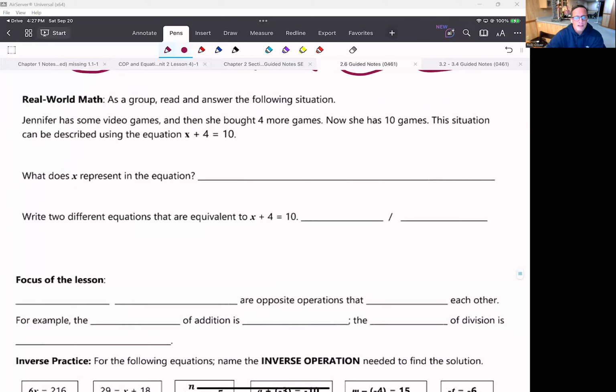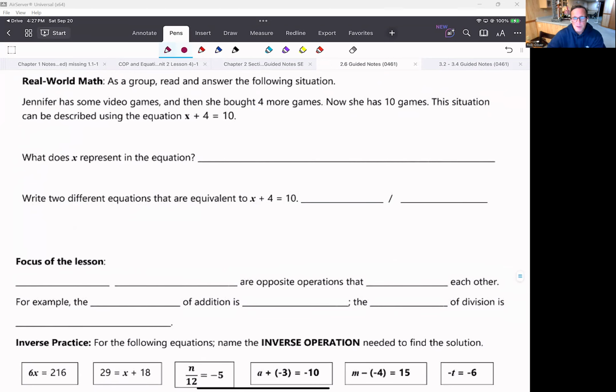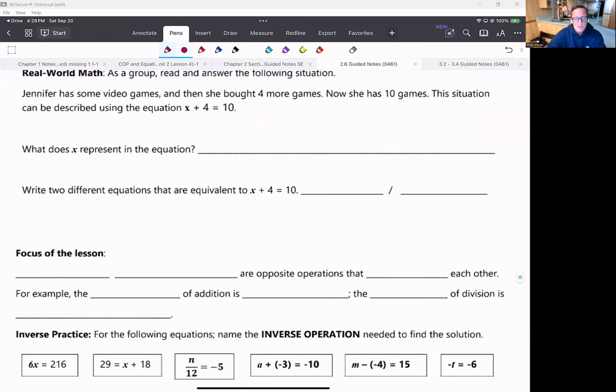Usually in class I do this as a group, but we're doing this online. Read and answer the following. Jennifer has some video games, and then she bought 4 more games. Now she has 10 games. This situation can be described using the equation x plus 4 equals 10. What does x represent in this situation?